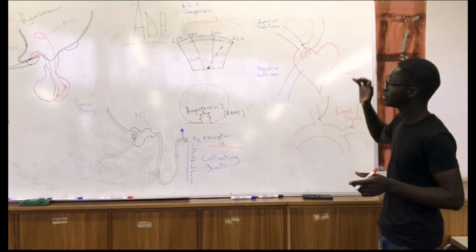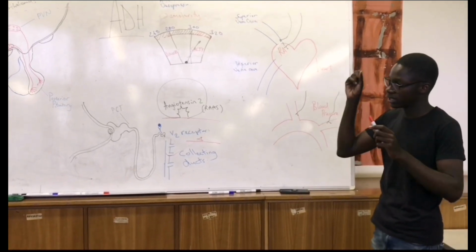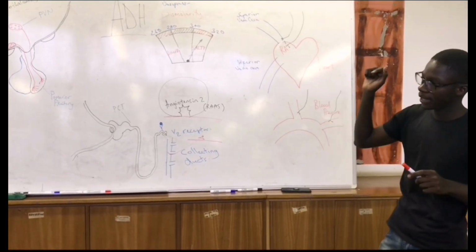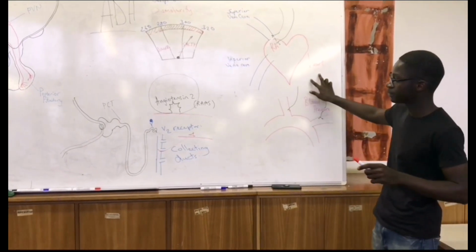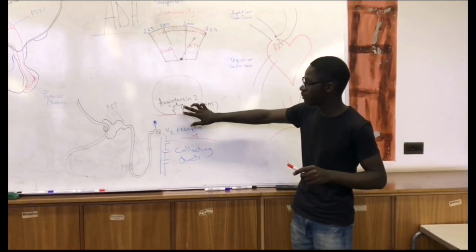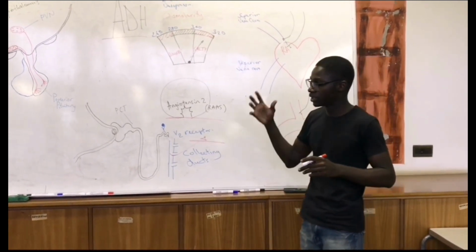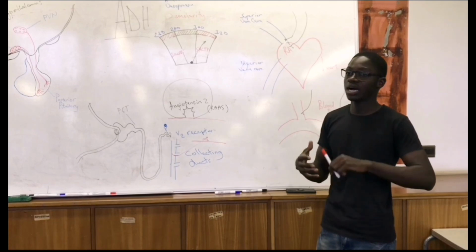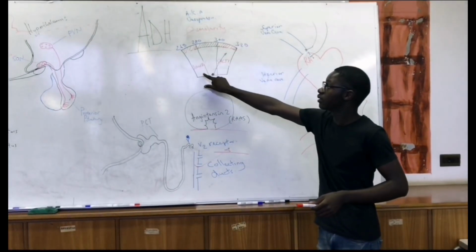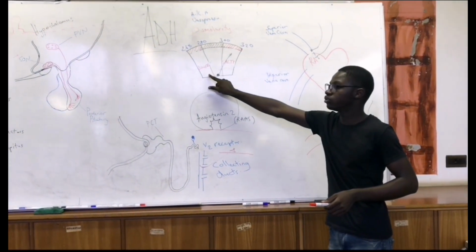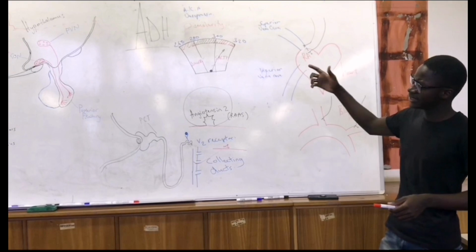The stimulants of vasopressin are usually the decrease in blood volume, the decrease in pressure, and stimulation by angiotensin II. We also talked about the decreasing factors, which are alcohol, nicotine, dilute plasma volume, and an increase in pressure.